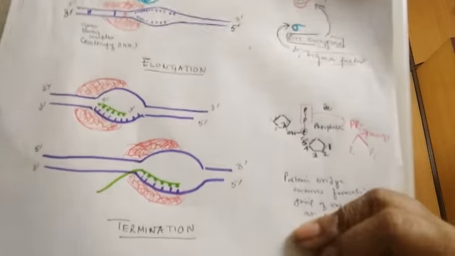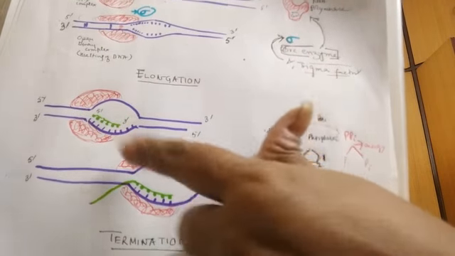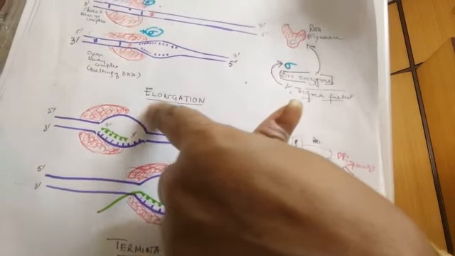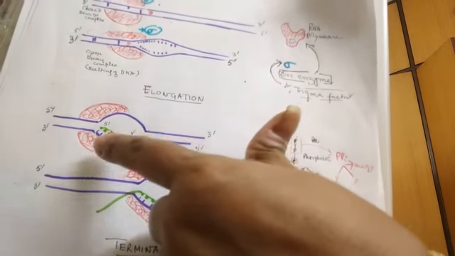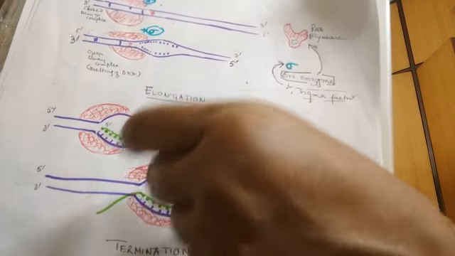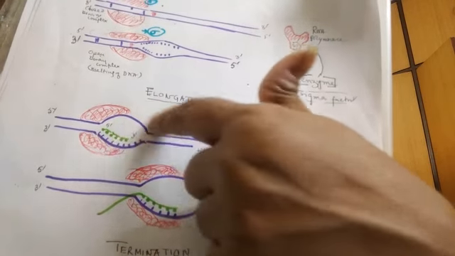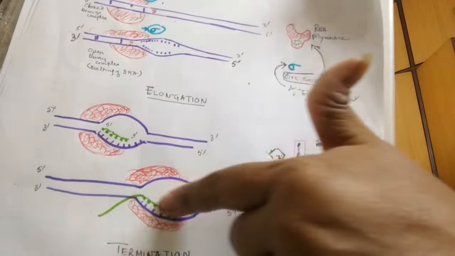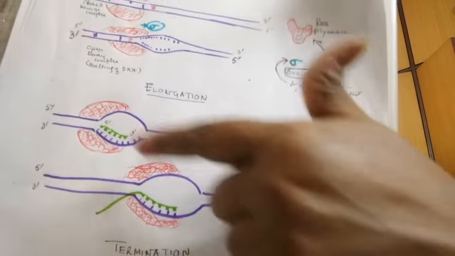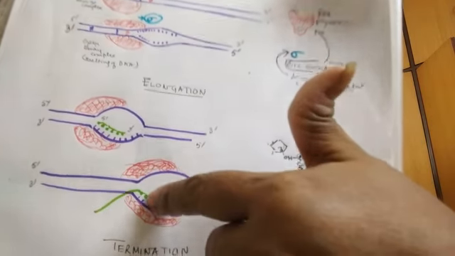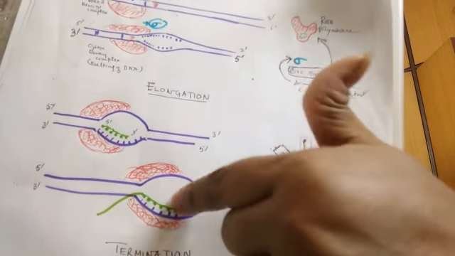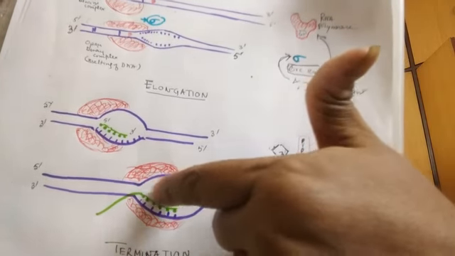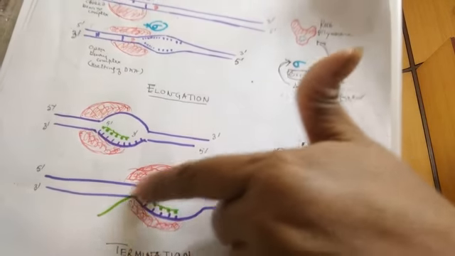Now, you can see here the chain is elongating, and this transcription bubble, that means the region where the DNA has been melted or separated, forms a bubble-like structure which is called the transcription bubble. They actually proceed with the elongation of the chain, and you can see the chain elongation also proceeds along with the transcription bubble.